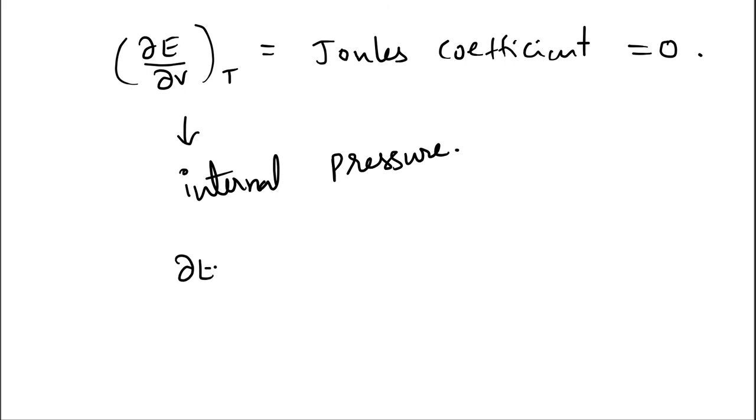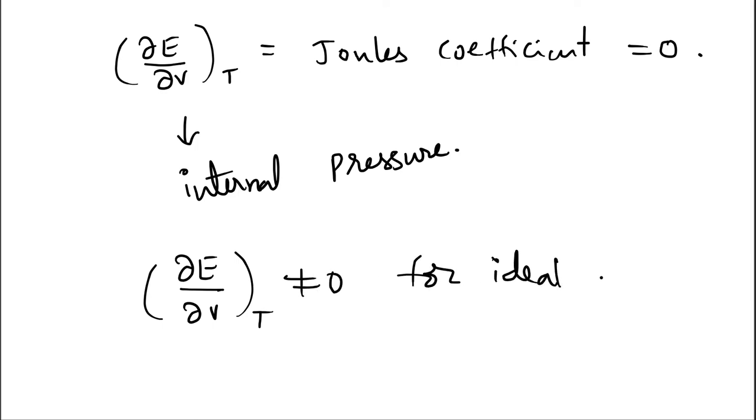Therefore, dou E over dou V at constant temperature is not equal to 0 for a real gas. So internal pressure of a real gas is not 0. It has some magnitude, and its magnitude depends on which factor? Depends on intermolecular attractions.